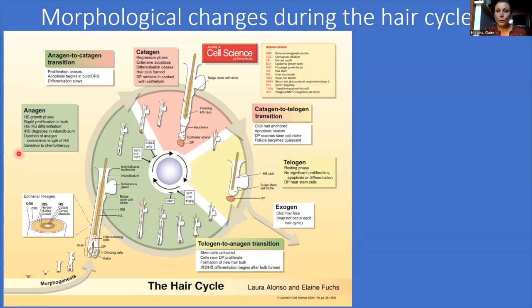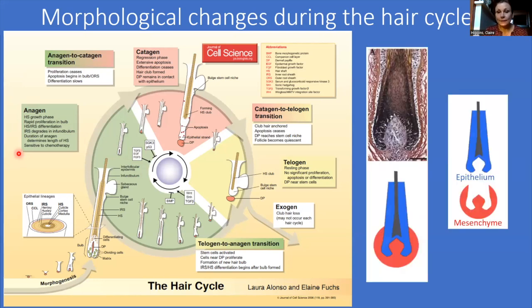But what some of you may not know is that another interesting fact about the hair follicle is that it is composed of two main tissue types: an epithelial compartment, which consists of the hair fiber, the outer root sheath, and the sebaceous gland, and a mesenchymal tissue, which comprises the dermal papilla, this structure at the base of the follicle, and the dermal sheath, which wraps around the outside of the follicle.